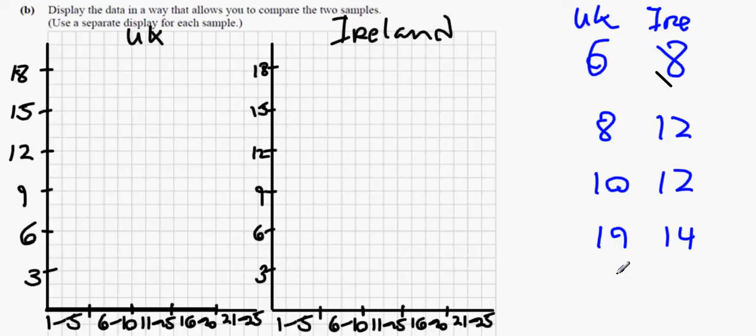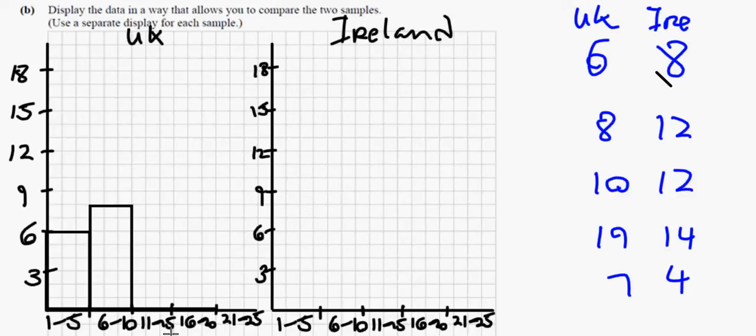Okay, so what we're going to do is start drawing this now. We need to draw a histogram. So the UK 1 to 5 is going to be 6, so make sure it lines up to 6. The next one is 8 for the UK, so go to line 8, like so.